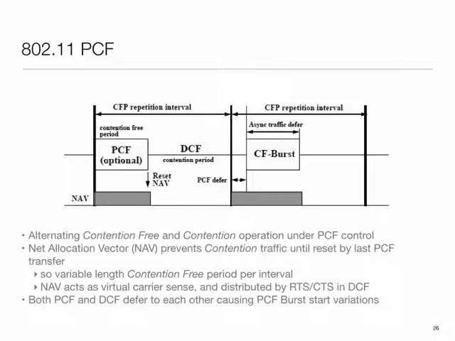So there is this PCF mode of operation, and the way it works is that time is divided into cycles, like a gigantic period. At the beginning of the period, some time is set aside for traffic which is synchronous, which is going to be periodic.